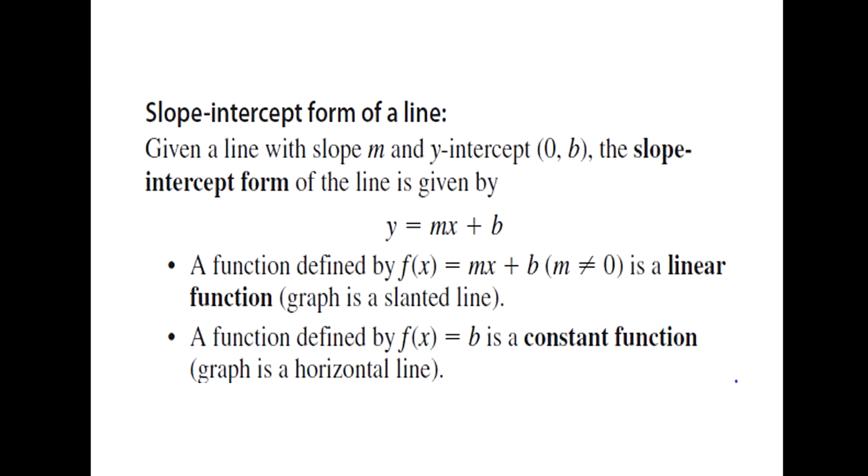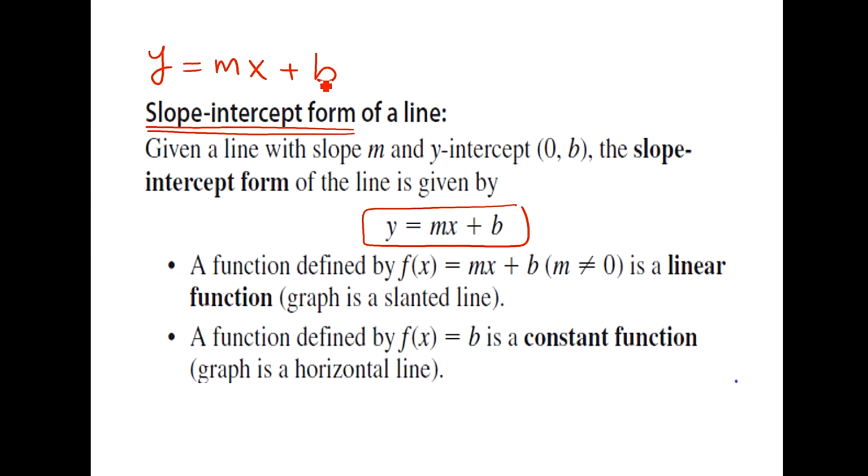Look at this. This is the equation called the Slope-Intercept Form. Slope-Intercept Form, this is y equal mx plus b. This is the slope. And this is the y-intercept. Because this is called the Slope-Intercept Form.